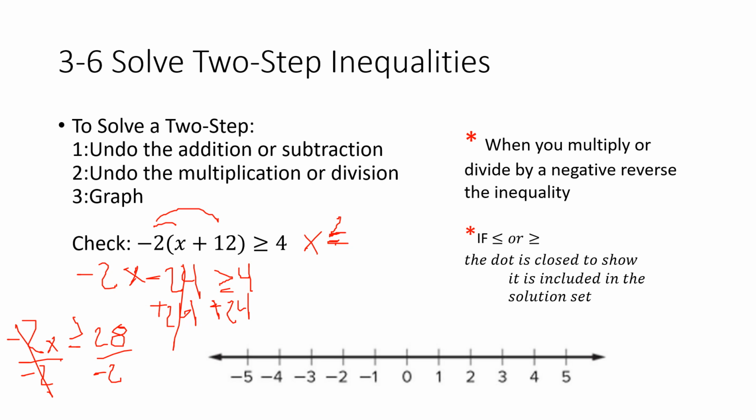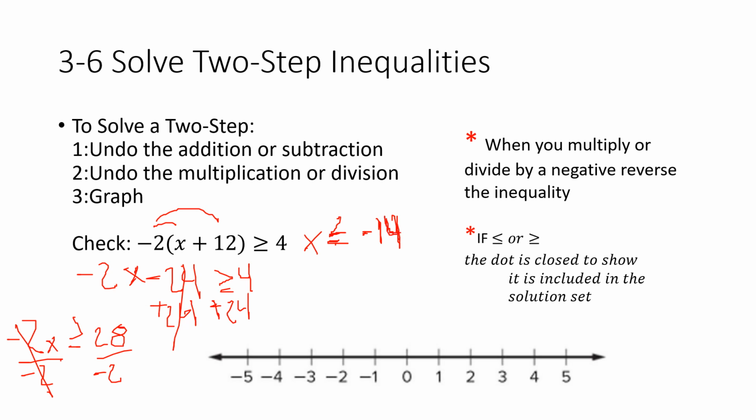So first, this is an inequality, so no equal sign. And second, we started with greater than or equal to, but divided by a negative, so we have to flip the sign, now having a less than or equal to sign. And our answer would be negative 14.